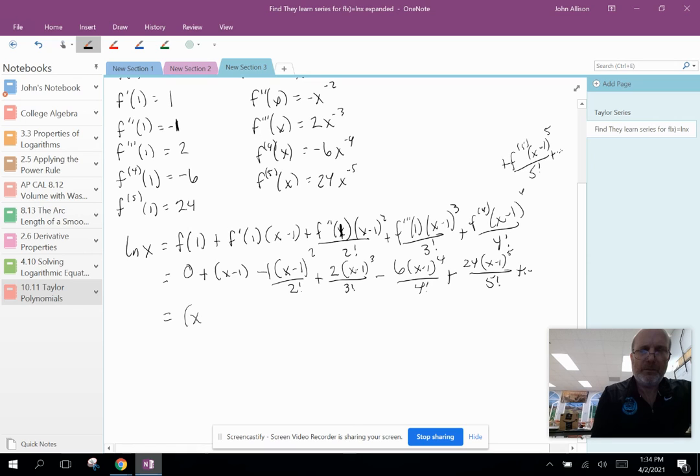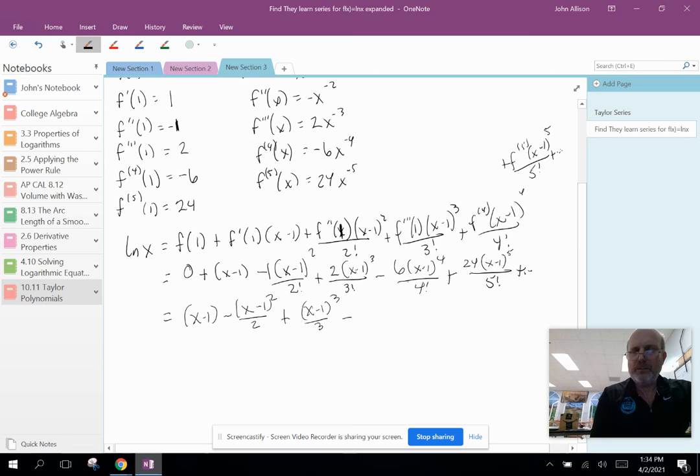This becomes x minus 1 minus, now 2 factorial is just 2, so it becomes x minus 1 squared over 2, plus, and this is going to be 3 times 2 times 1, or 3 times 2. The 2 on top and the 2 on bottom cancel, and this becomes x minus 1 cubed over 3.